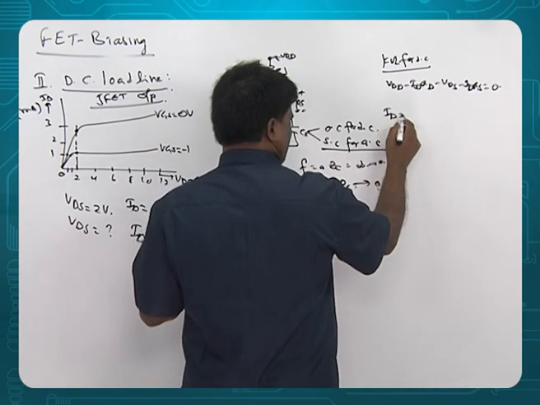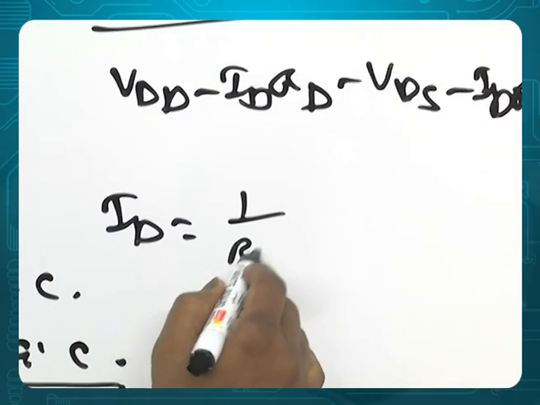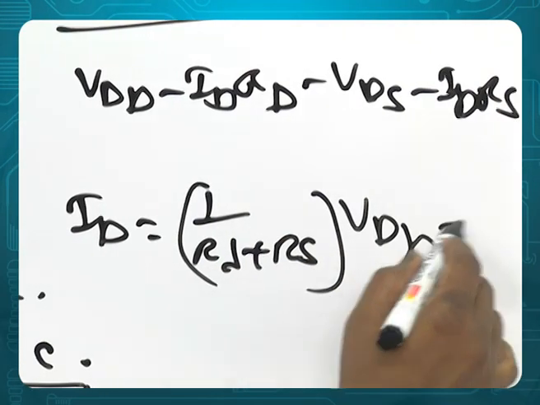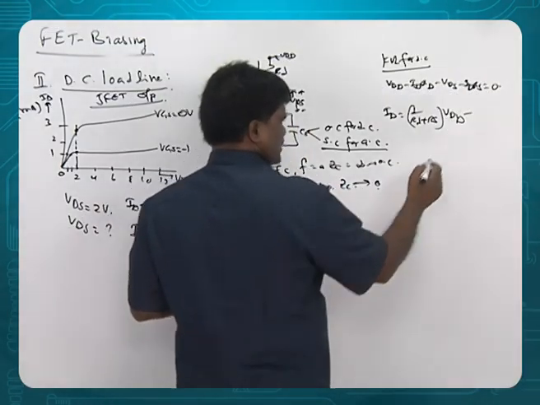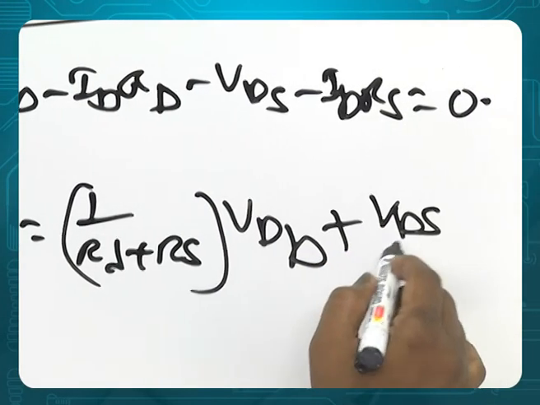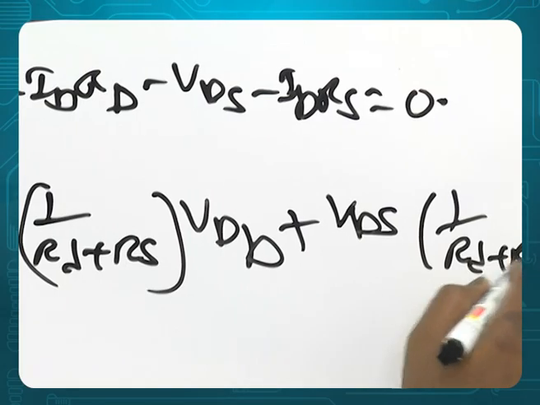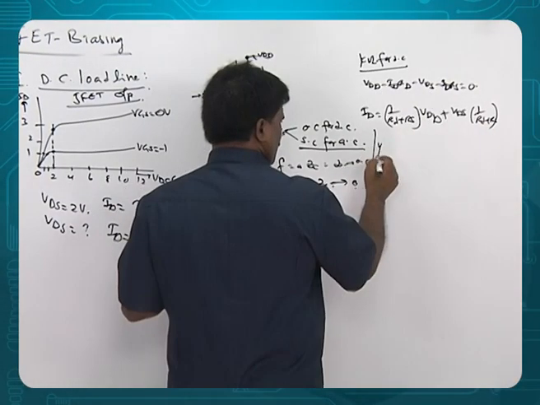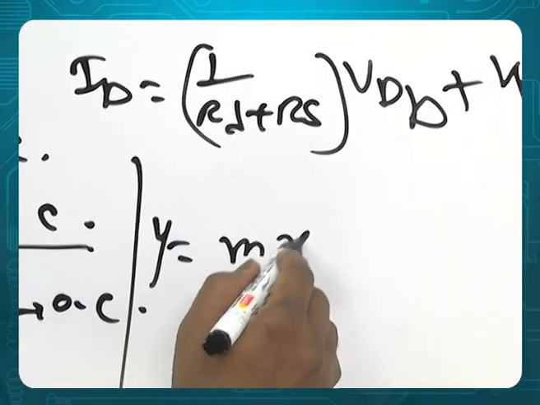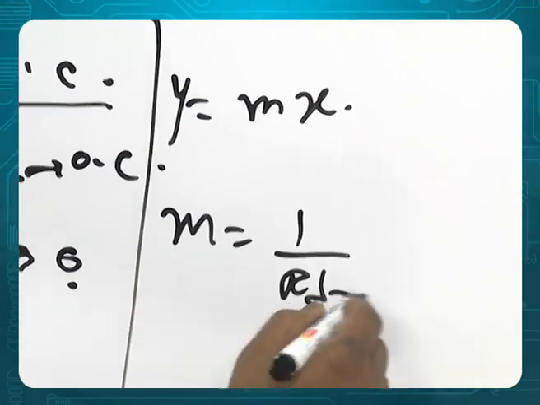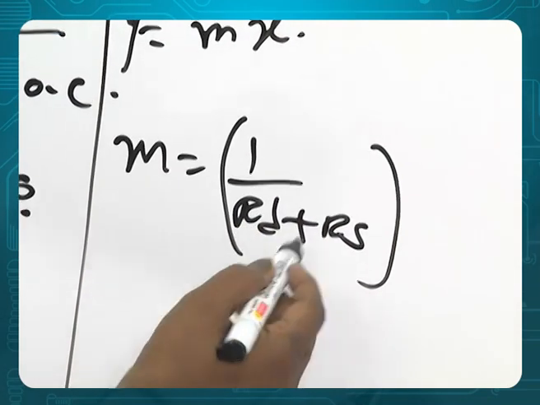From there, ID is equal to 1 by (RD plus RS) into VDD, plus VDS into 1 by (RD plus RS). It's like y is equal to mx plus c, that is, slope is 1 by (RD plus RS).